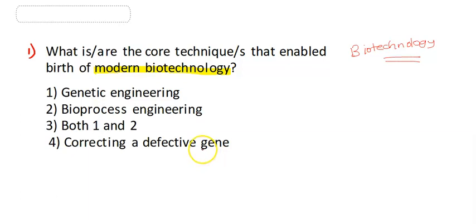This statement is directly from your NCERT textbook. We know that the core techniques that enabled the birth of modern biotechnology are genetic engineering and also bioprocess engineering. So our answer will be option 3, that is both 1 and 2.